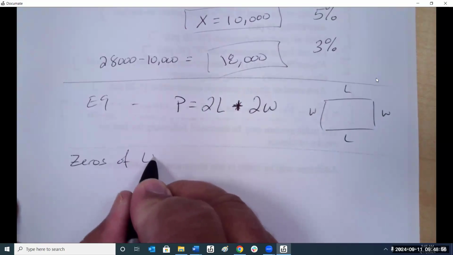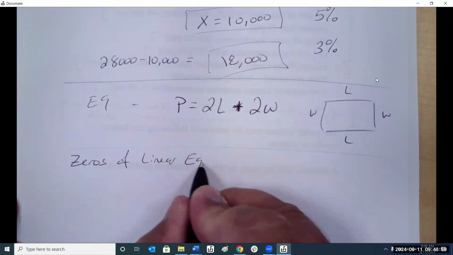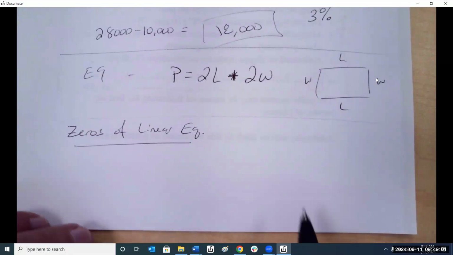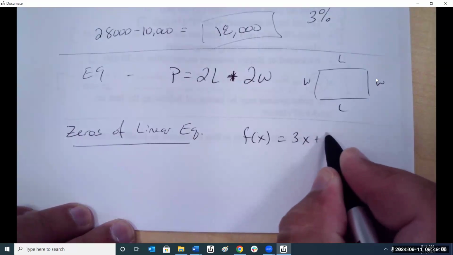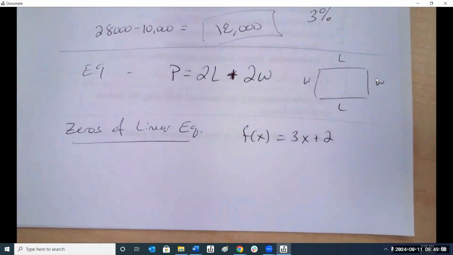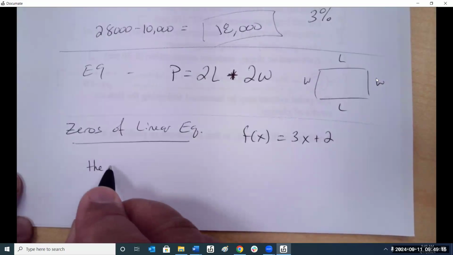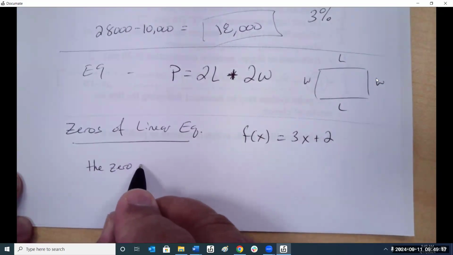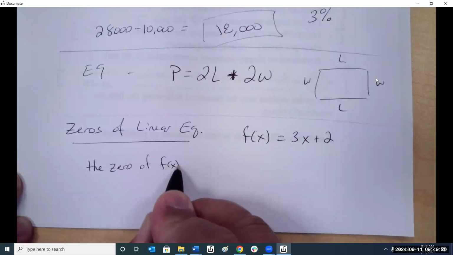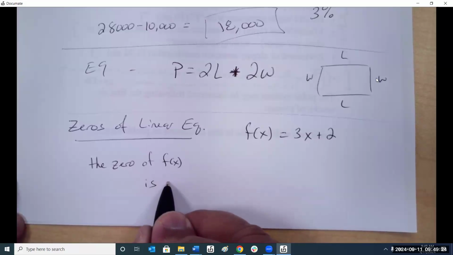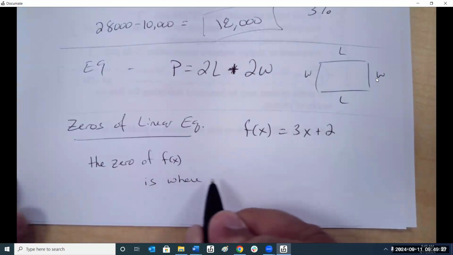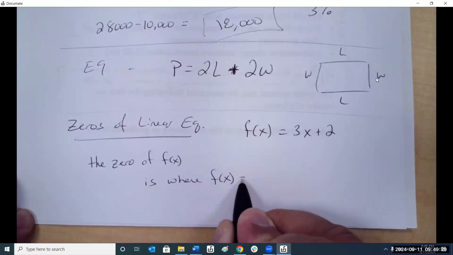Zeros of linear equations. If I give you an equation and I ask you to find the zero of f of x, it is where f of x equals 0.